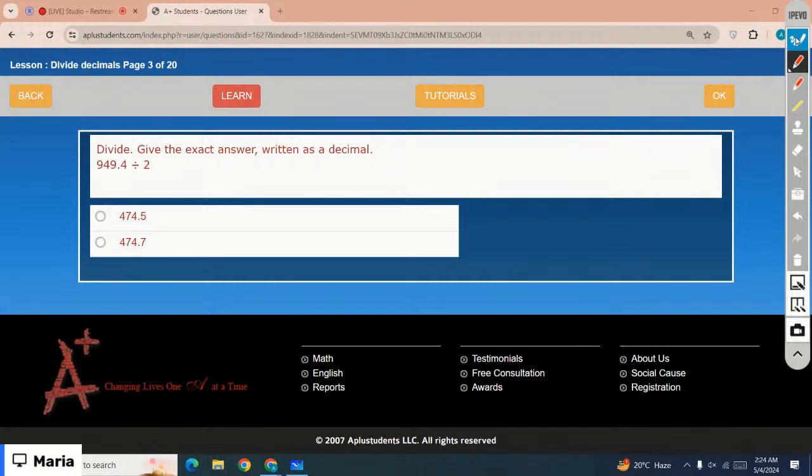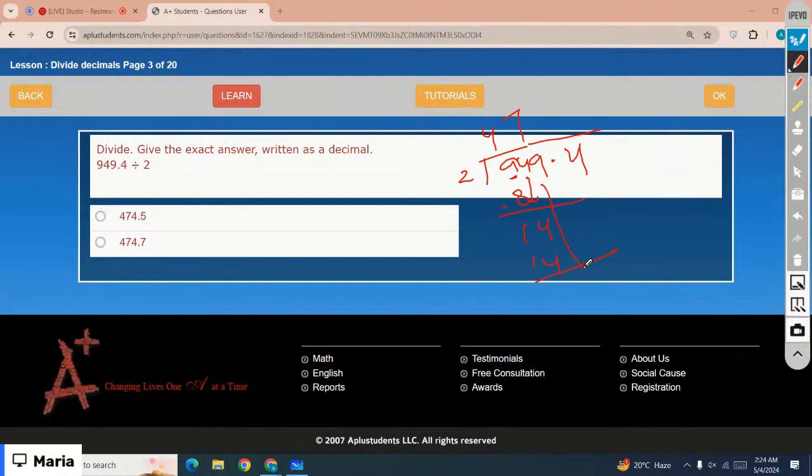You have to divide it by 2. So start with the first digit. You need to count 2 until 9 or a number that fits. So we can go for 2 times 4 is 8. 9 take away 8 is 1. Bring the next digit down. So 2 times 7 is 14.